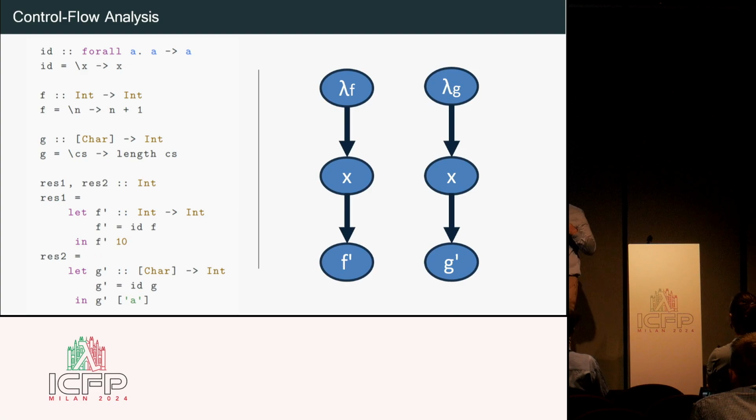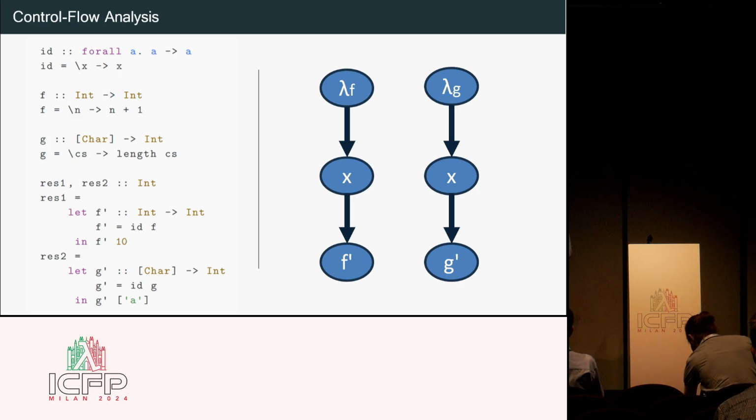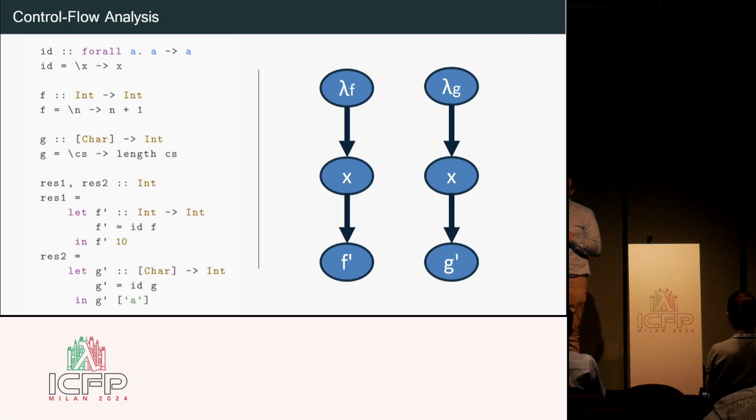So one way to visualize that is when you think through this problem, or when you actually execute this example program, you have two different copies of x. Every time you call the identity function, you allocate a new version of x, and that's what ends up flowing to the result.